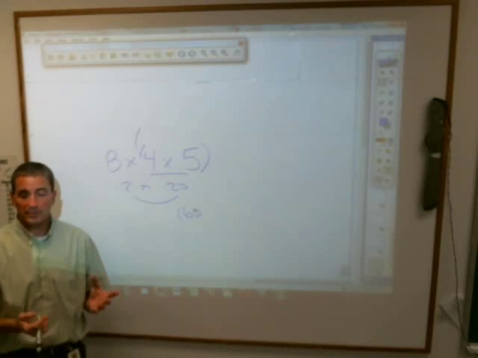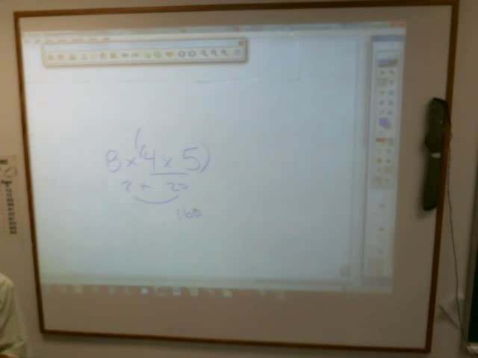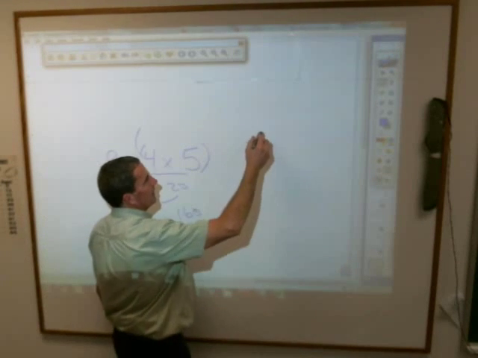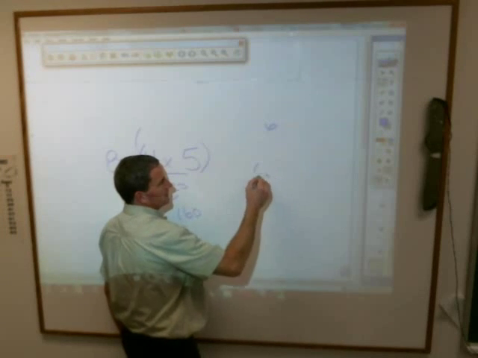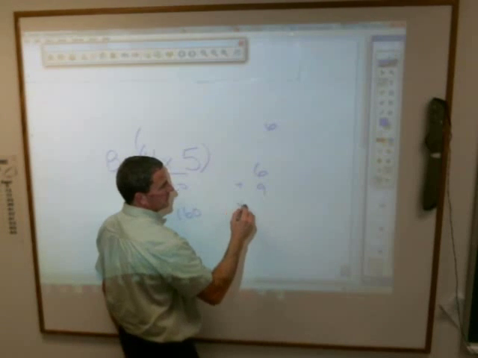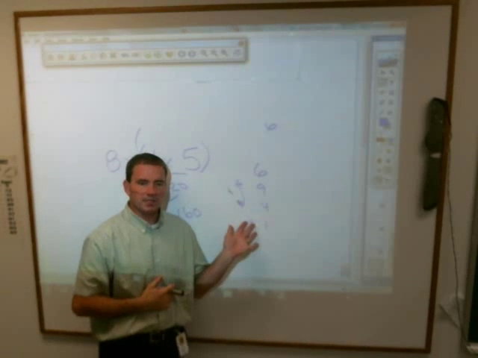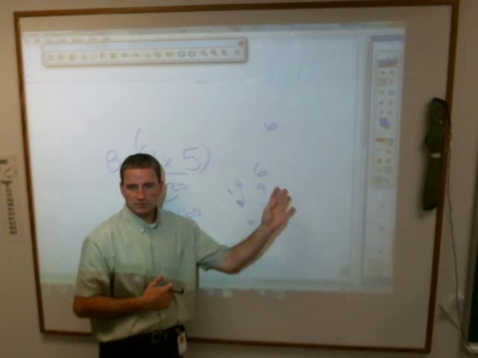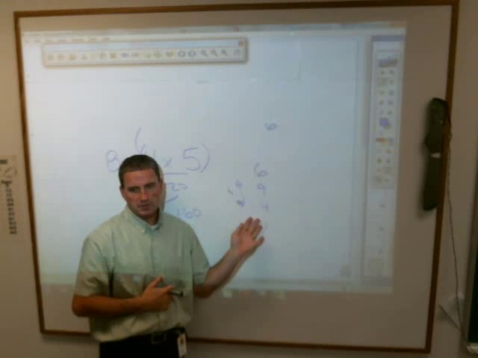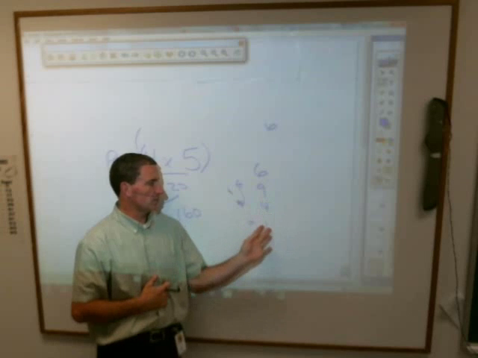So the associative property is a great help, and the same goes for addition. If you add 6 plus 9 plus 4 plus 1, it's because of the associative property that you're allowed to group these in different ways. That's why you can put 6 and 4 together and 9 and 1 together.